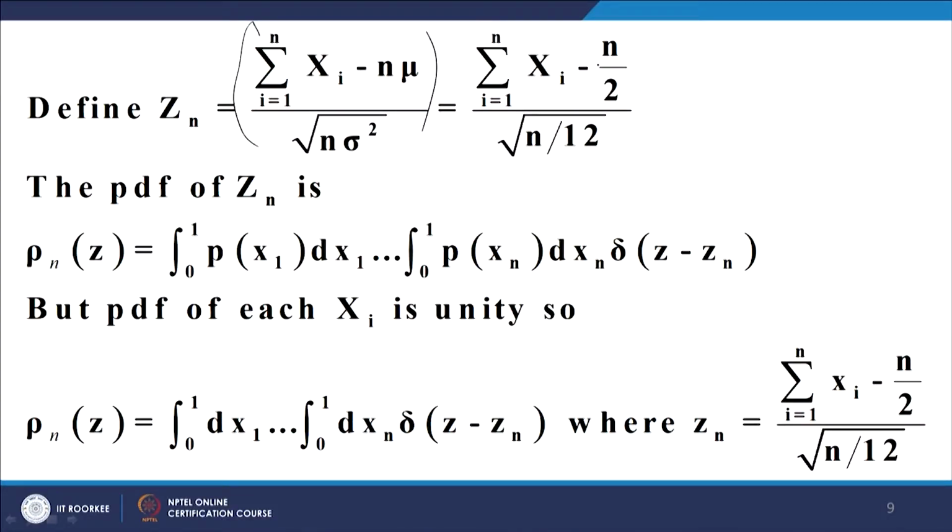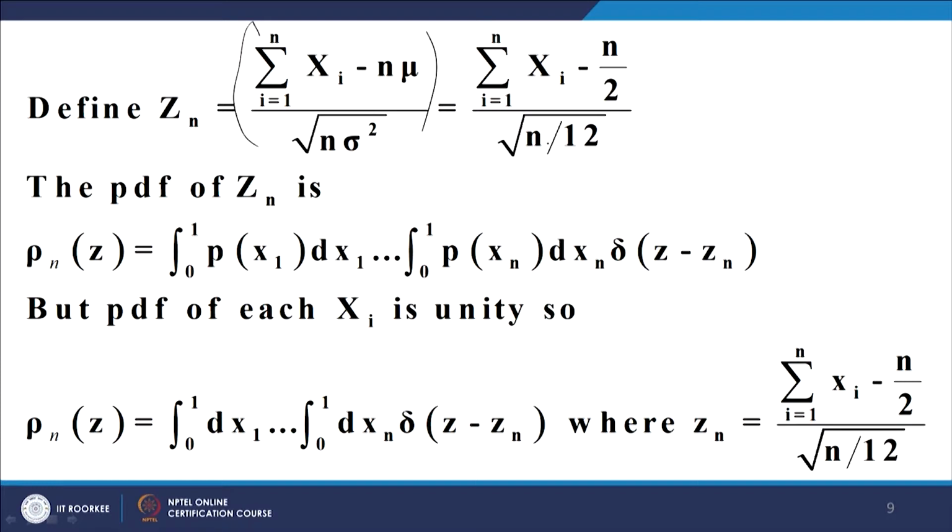So, z_n is equal to the sum of x_i minus n mu, divided by sigma root n, which in our case becomes n into 1 by 2, since mu is 1 by 2 for each of the x_i, and sigma square is 1 by 12. So, it becomes under root n by 12.